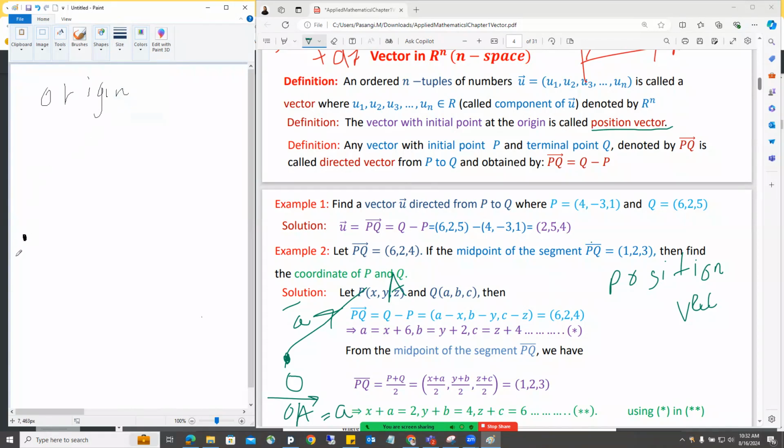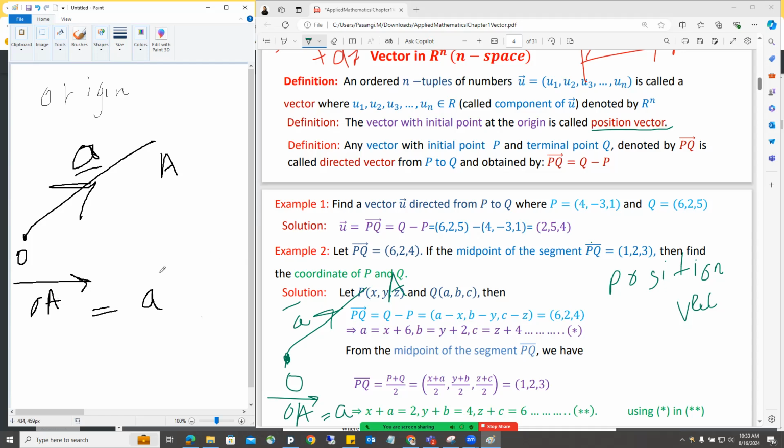For example, let's assume here we have O and here we have A. On this line connecting them, we have a vector with a magnitude, like a force. The magnitude would be simple a. Then how do we denote this? The OA vector is equal to a, right?